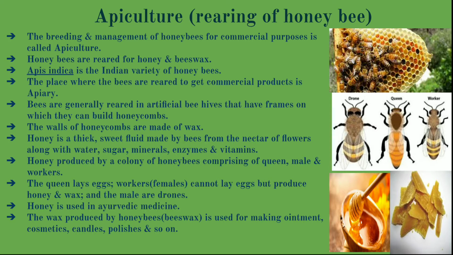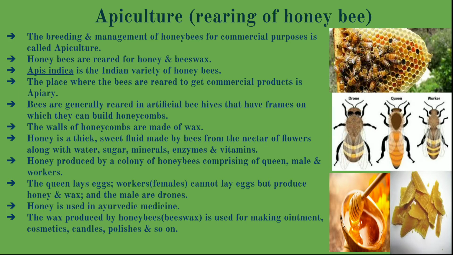Honey is produced by a colony of honeybees comprising the queen, males and workers. There are lots of members in this colony, and the main member of this colony is the queen.